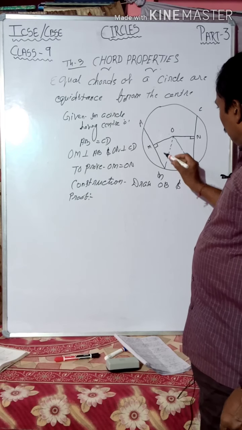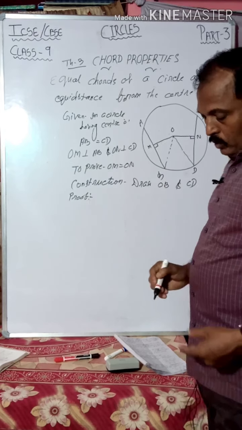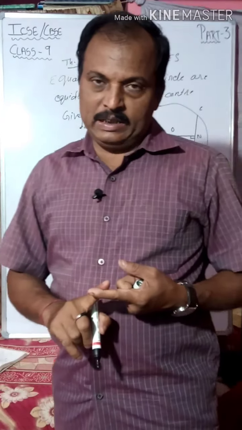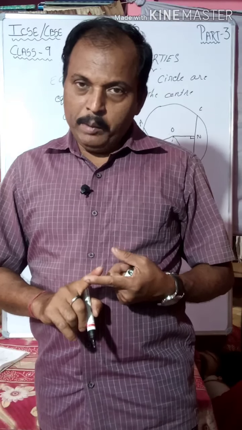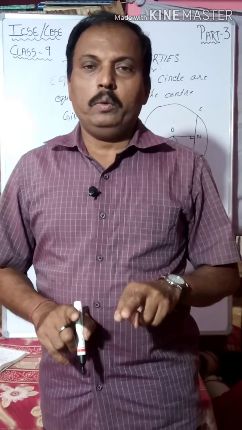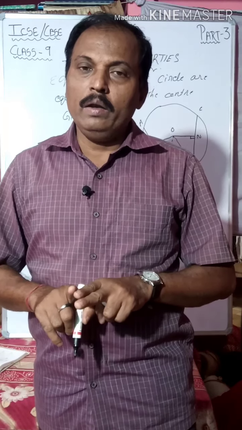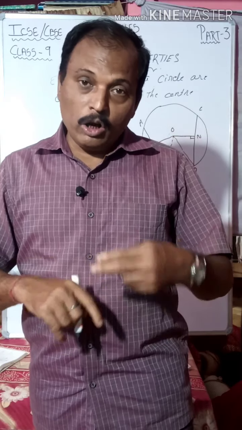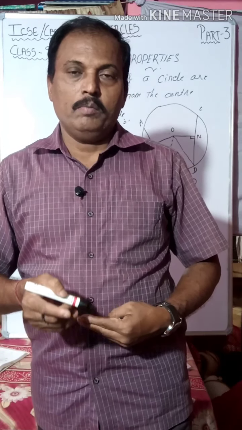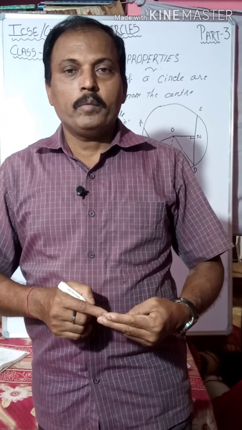Now another thing, for two triangles to be congruent, minimum three components should be equal on both triangles. Then the other components must be equal after congruency.